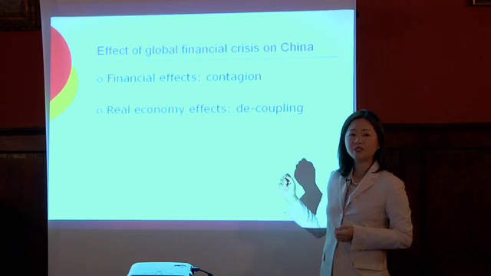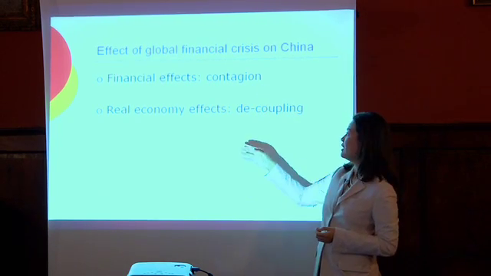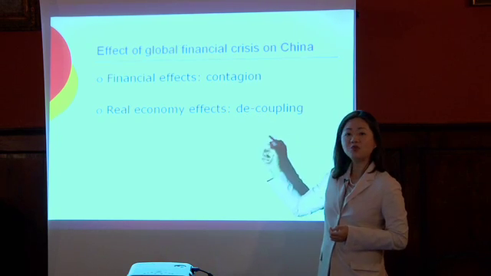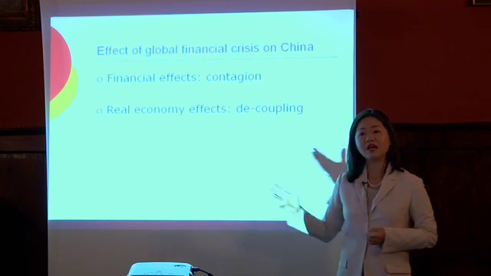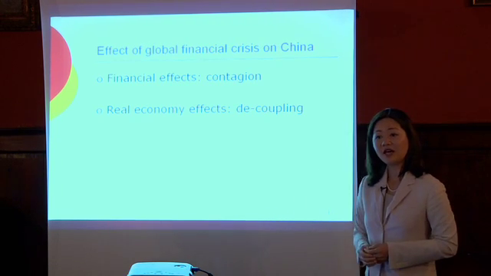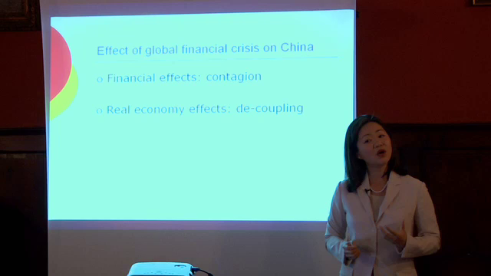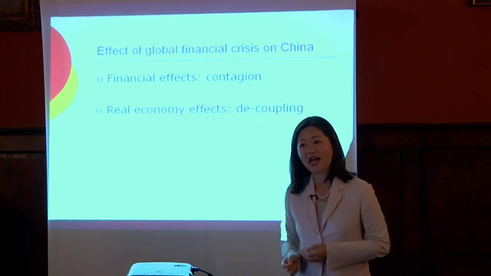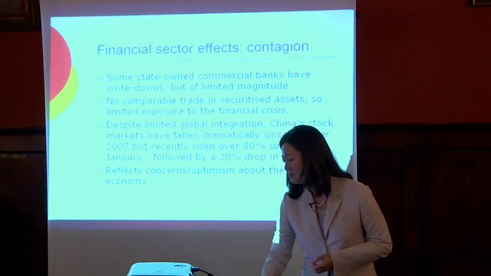In China, there wasn't much contagion, and I'll go through that on the next slide. But the main effect was on the real economy, the decline of exports, which have pretty much disappeared in China. But because of what I'm going to outline next, there was some decoupling. So China was able to grow despite the fact that the world was in recession.